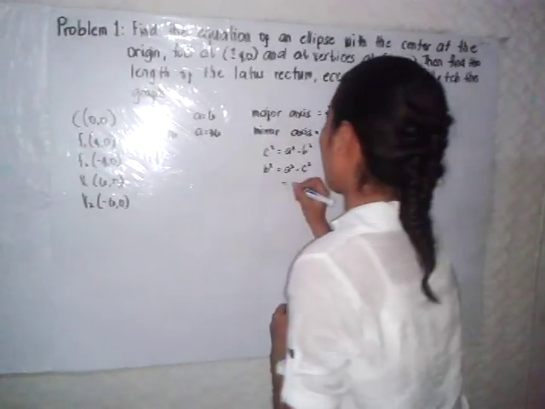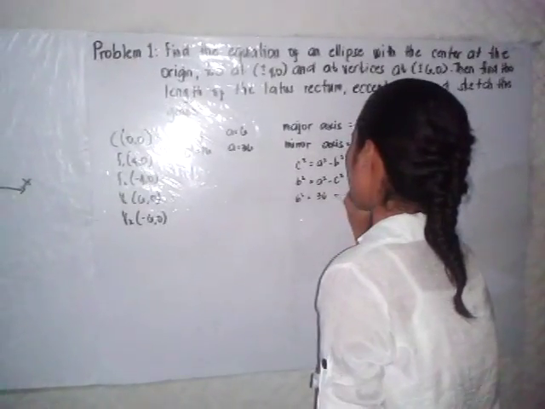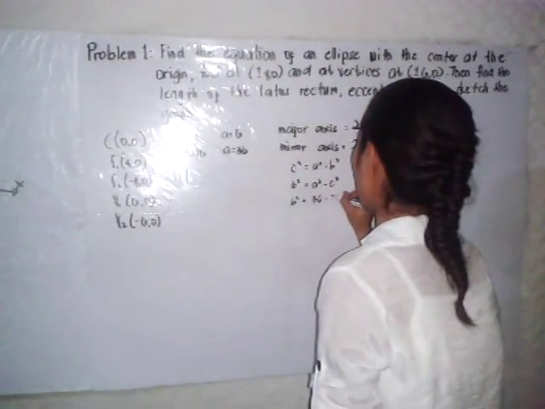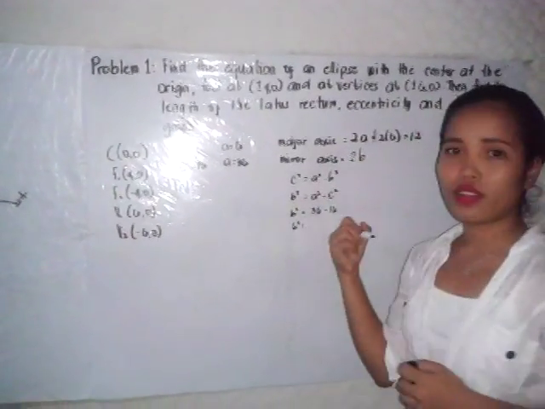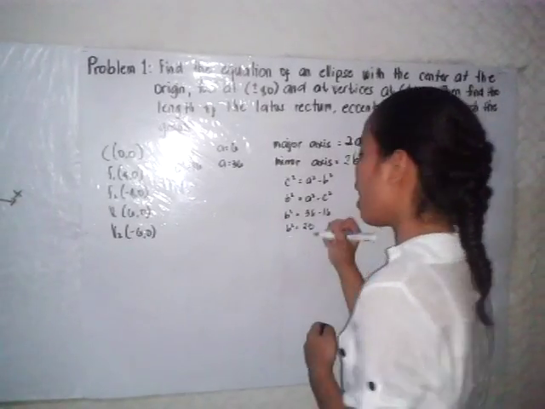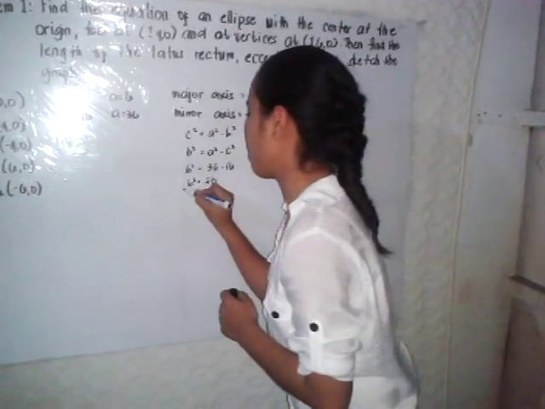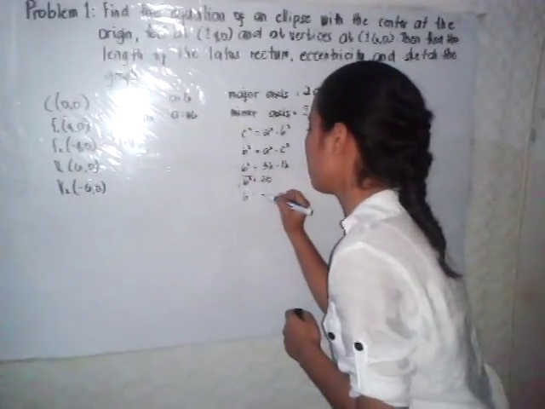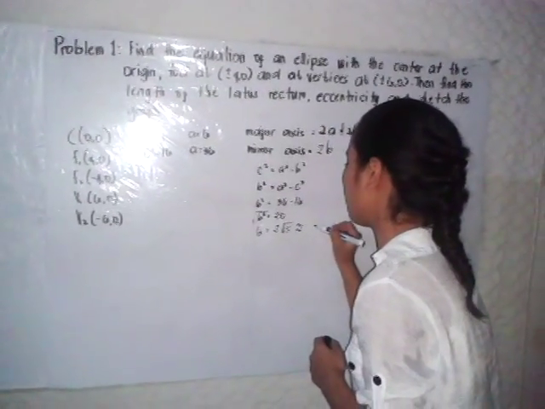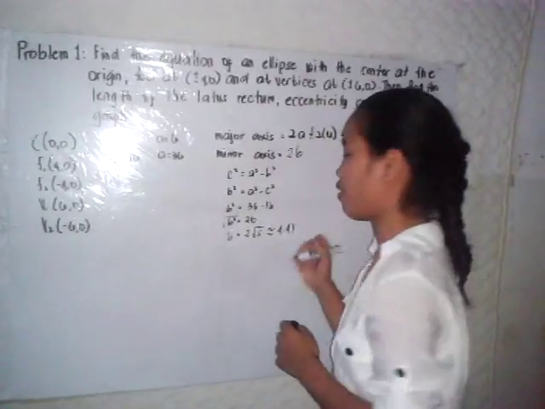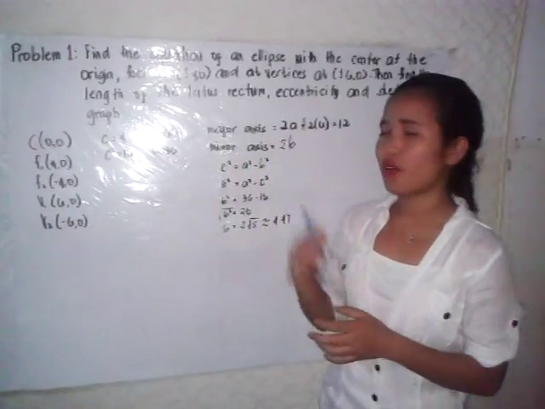Substituting, B squared equals 36 minus 16, which is 20. To eliminate the square, we take the square root, so B equals 2 square root of 5, or approximately 4.47.